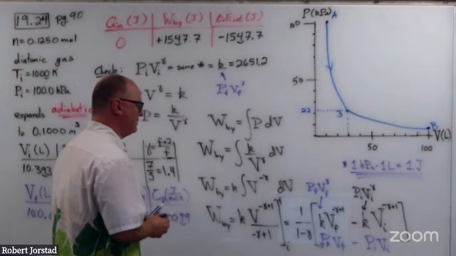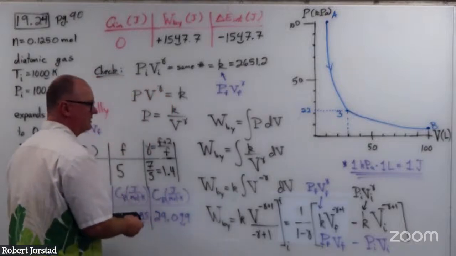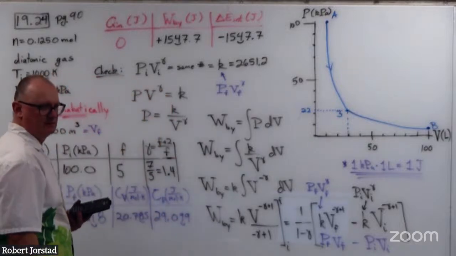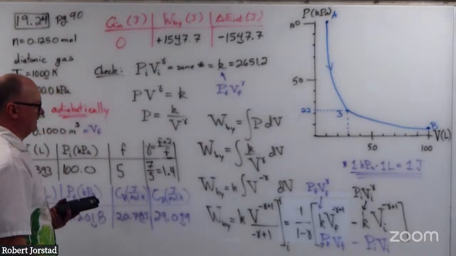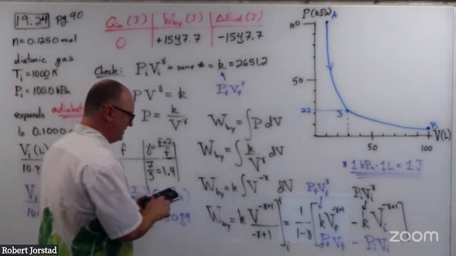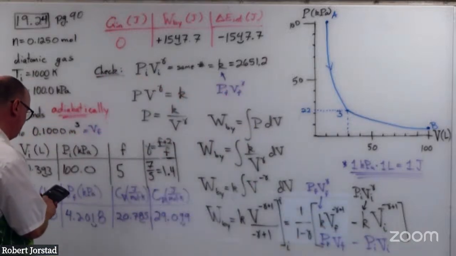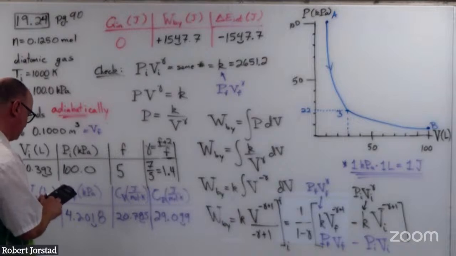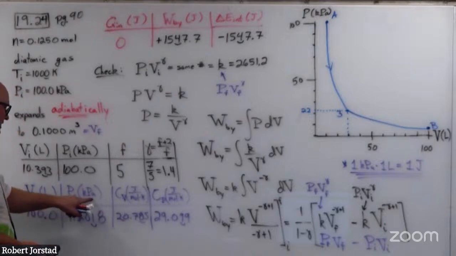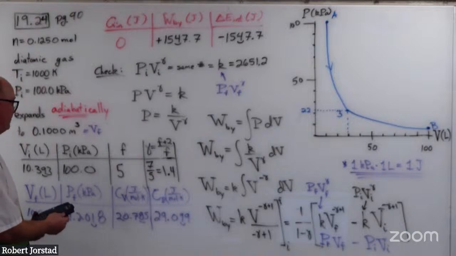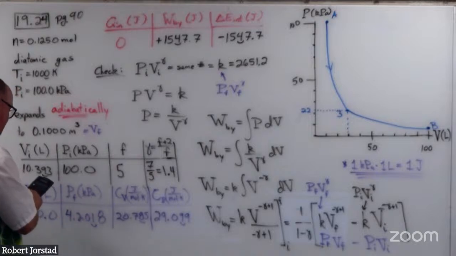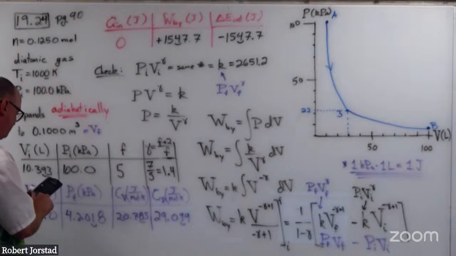Now, if you take the time to punch in these numbers, we should get the same result. So, let's take a second to do that. I'm going to do the part inside the brackets first. P final, V final. So that's 100 times 4.2018. Remember, liter times kilopascal gives me joules, so I don't have to change the units here. And then I'm going to subtract off P initial, V initial, 100 times 10.393.